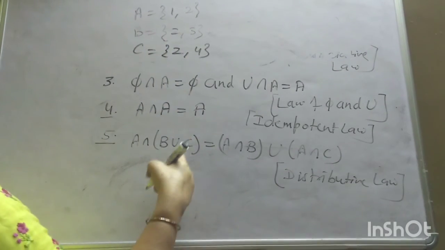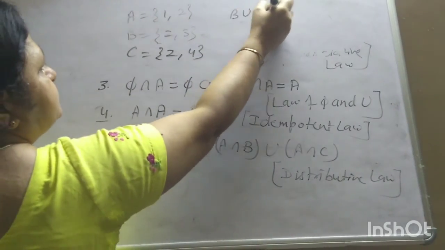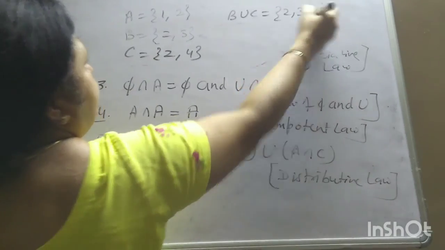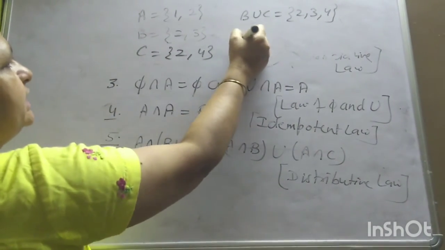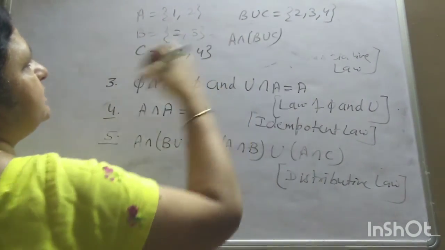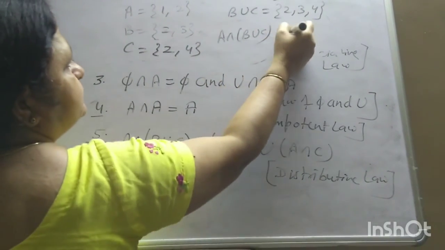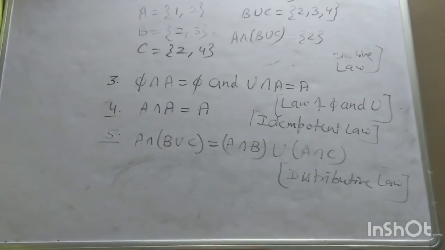Now on the left hand side, B union C is 2, 3, 4. And A intersection (B union C) means common in these two sets. So result is 2.